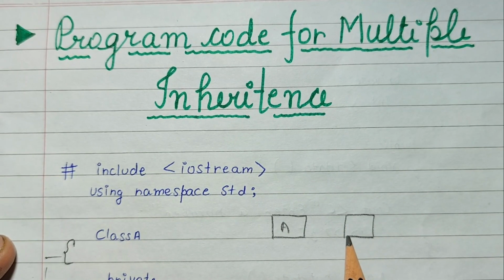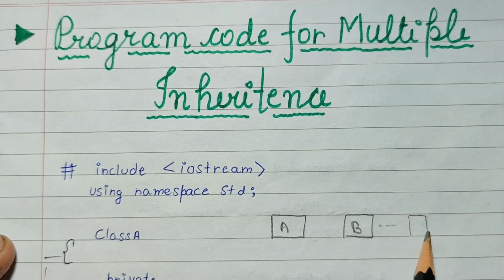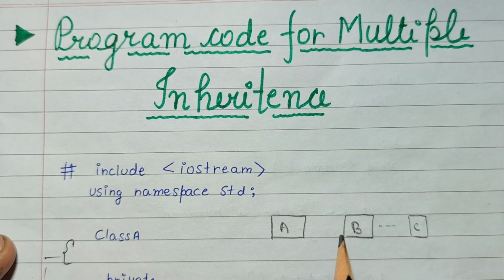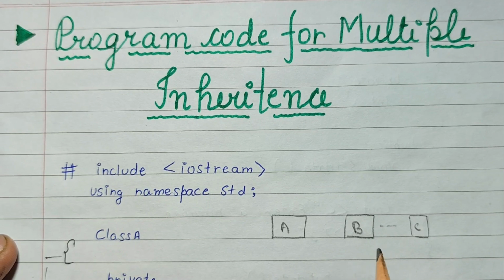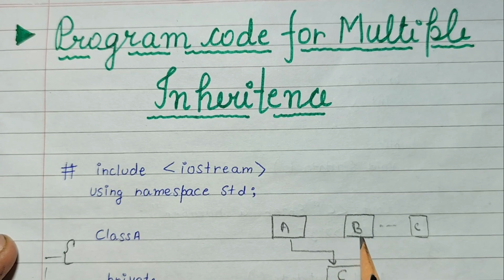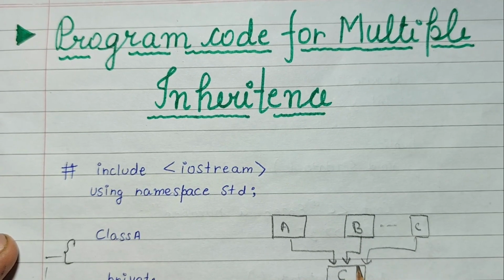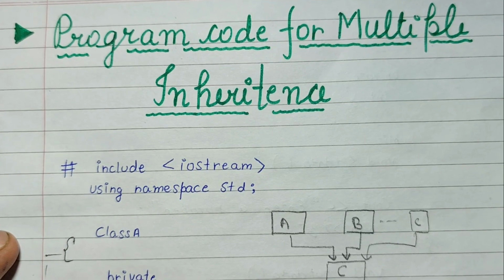So here we have two base classes, but we can also have more than two base classes. Now from these base classes we derive a new class C. Okay, so this is the block diagram of the multiple inheritance.